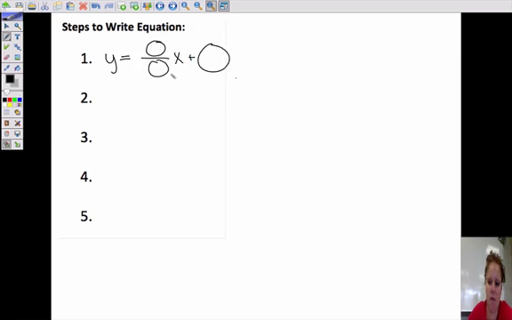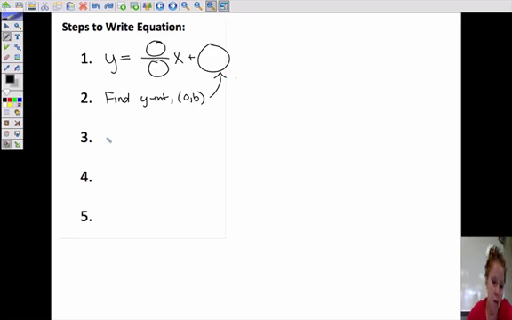So we have 3 blanks. The first thing we're going to do is find the y-intercept by finding where the line crosses the y-axis, the point (0, b), and plug it into our missing blank.